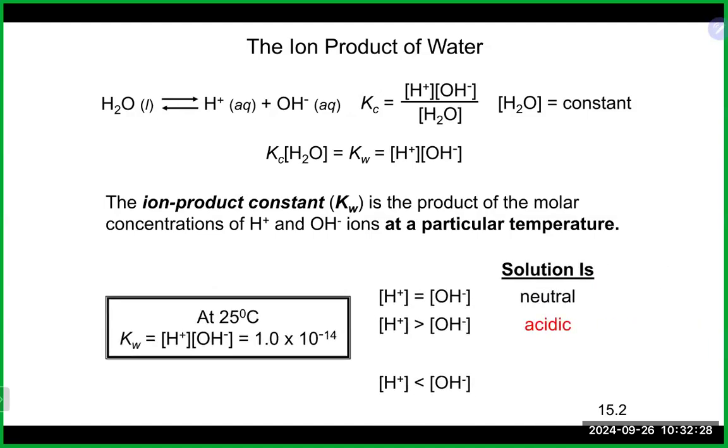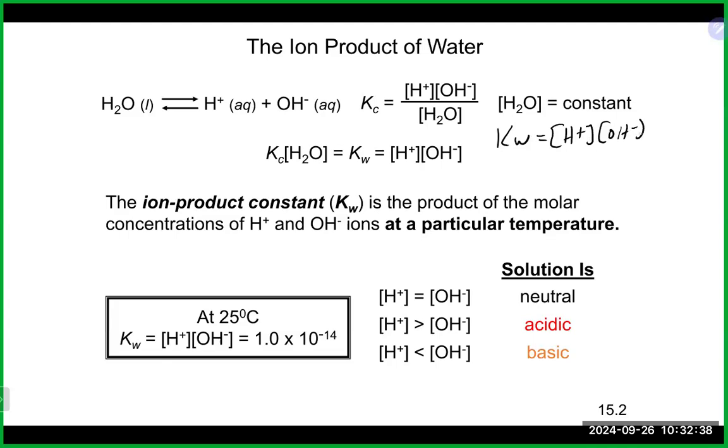So this is good because we can actually use this Kw to help us determine whether or not a solution will be acidic, basic, or neutral. So our Kw expression, which is our H plus times our OH minus, equals 1 times 10 to the minus 14. Once again, if you wanted to, you could just substitute H3O plus in there for the H plus, and it's the same thing.